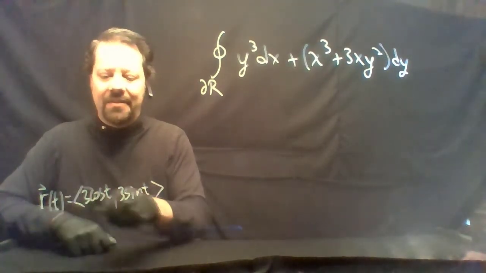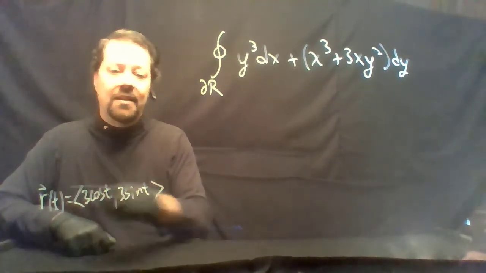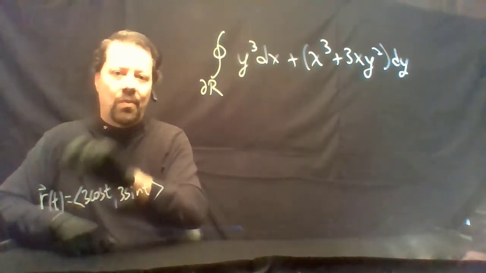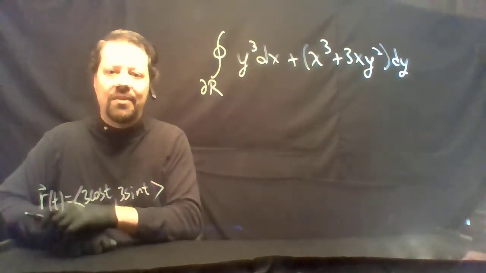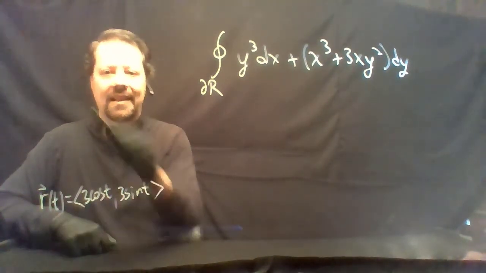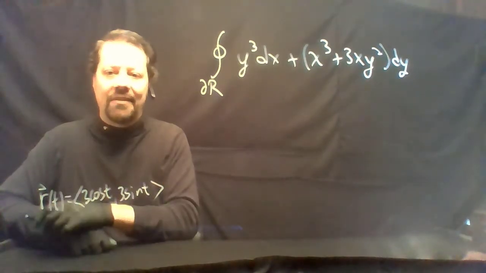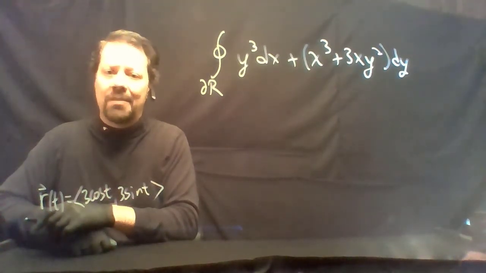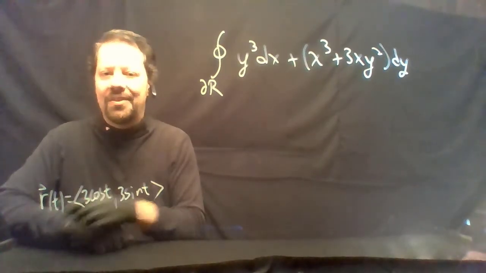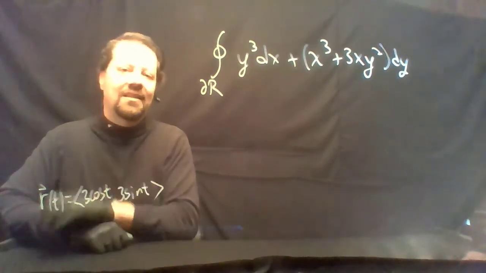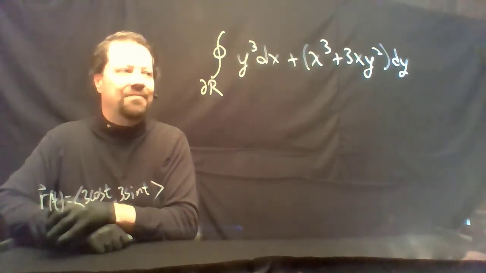You cannot write 3 sine t and then 3 cosine t because that gives you the wrong orientation. We're going to presume that you always keep the curve oriented in a counterclockwise fashion as you go around it. So if you're walking along the boundary and sticking out your left arm, it will poke into the region that's contained within the boundary curve.